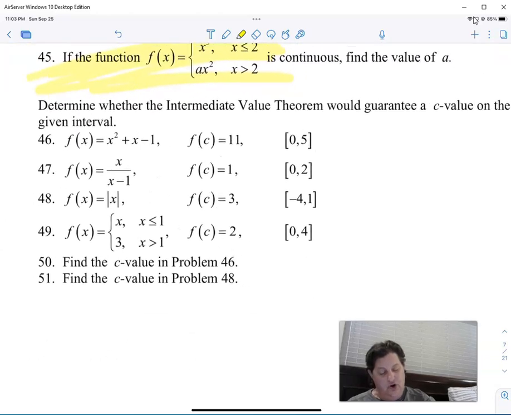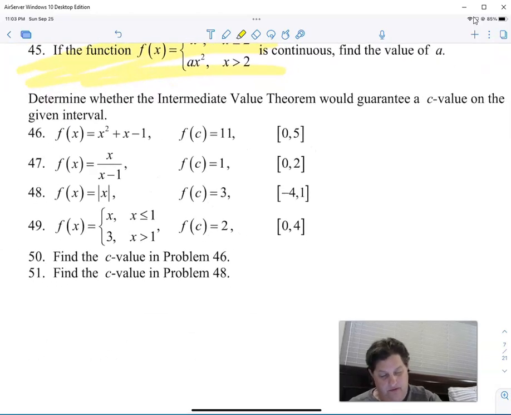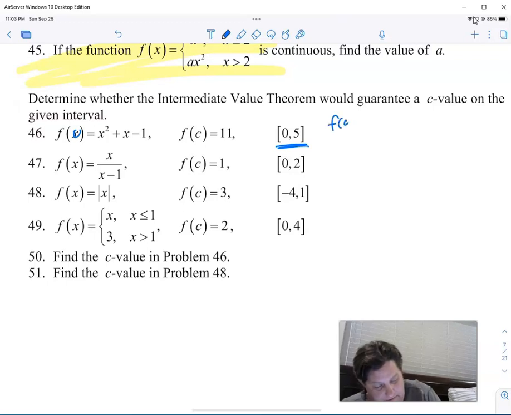Okay, determine whether the intermediate value theorem would guarantee a C value. Let me show you one of these questions. So first thing I have to do, if this is on 0 to 5, I have to find f of 0, which would be 0 plus 0 minus 1. I have to find f of 5, which is 25 plus 5 minus 1. It's 29.